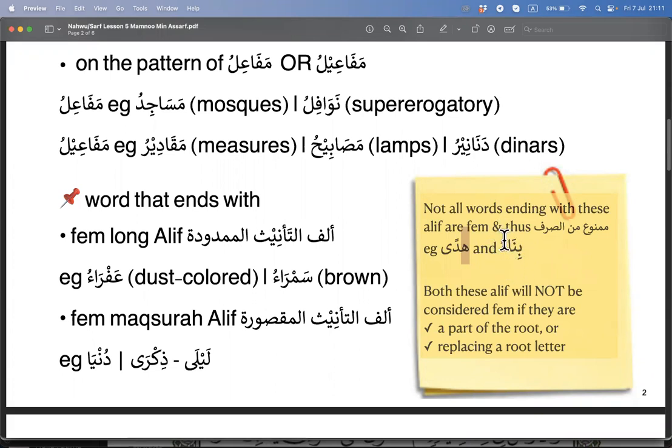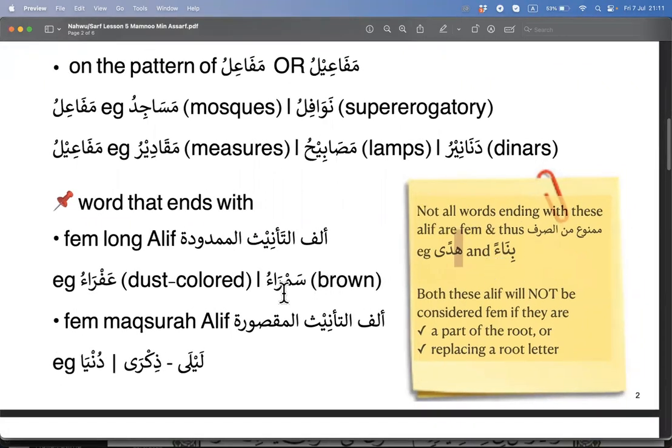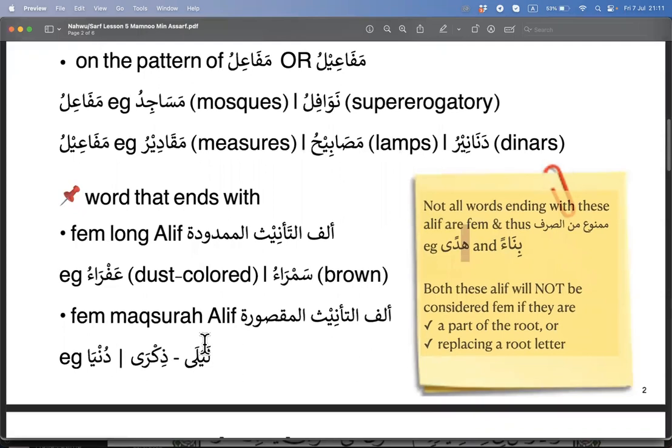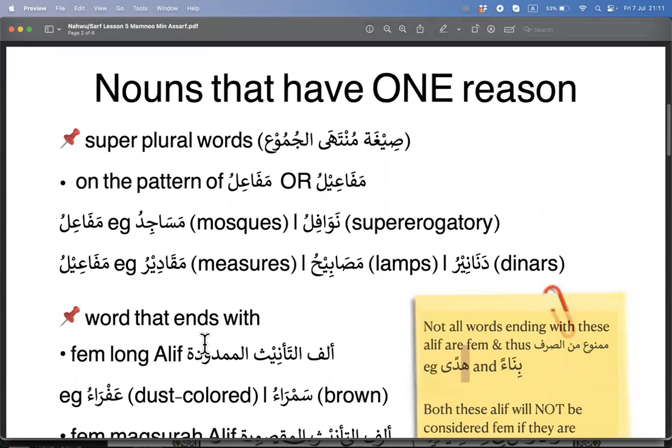So again, this hamza is actually part of a root letter, or rather it's actually replacing a root letter, which we will learn later. So that's why this one can take tanwin. This one is not mamnun min as-Sarf, it's not feminine. Only these 2 are. So those are the 2 kinds of words that have one reason.